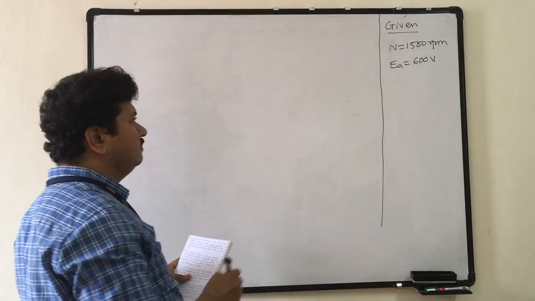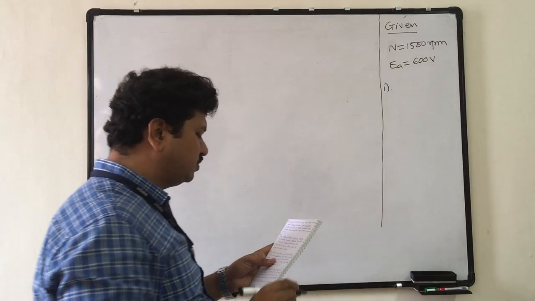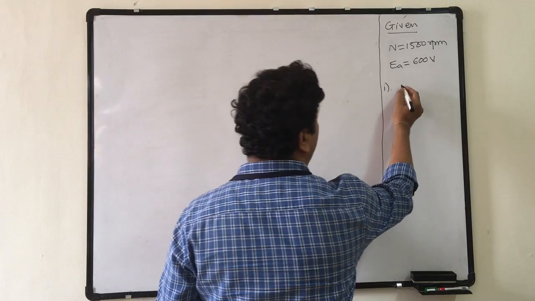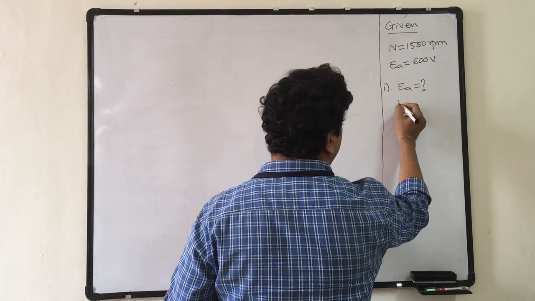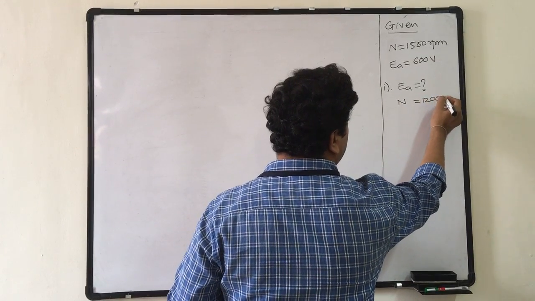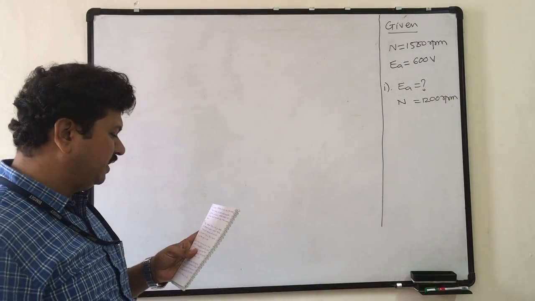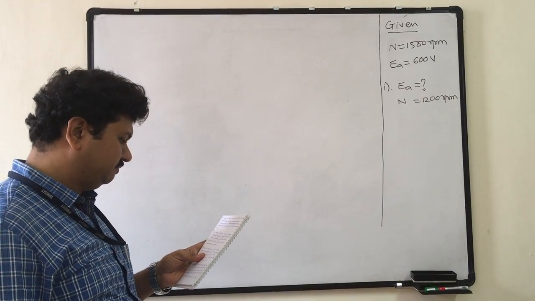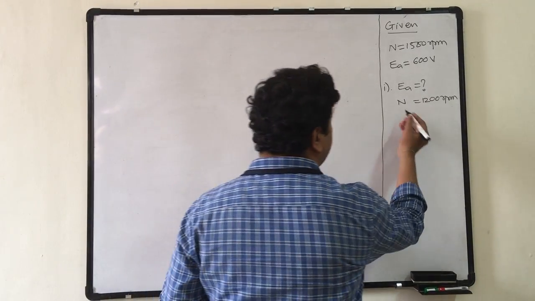Then it is directly asked to calculate EMF: what is EA when speed is 1200 RPM with the same flux.